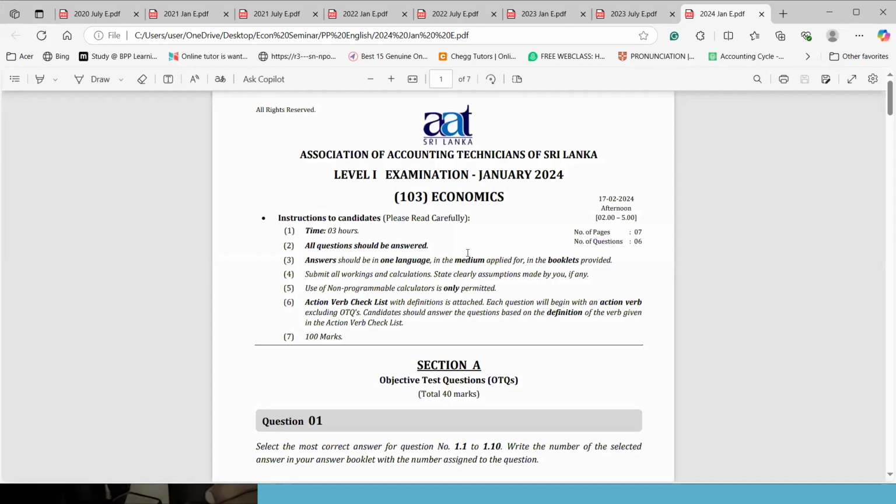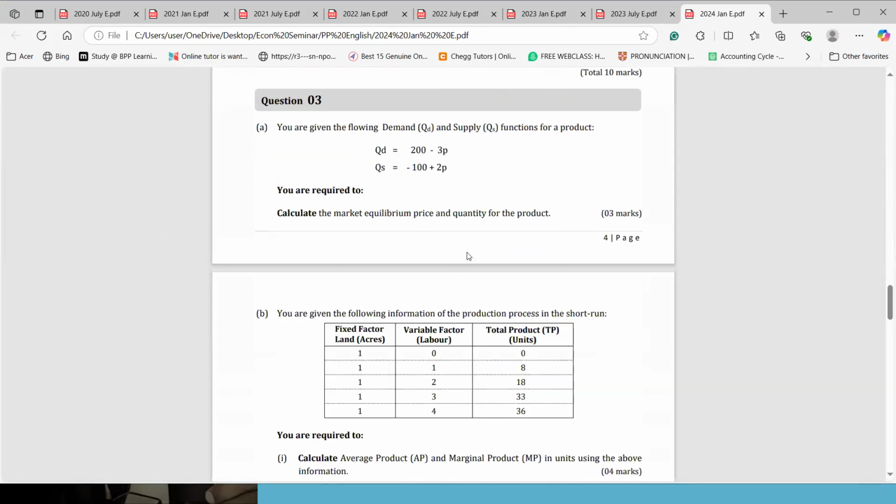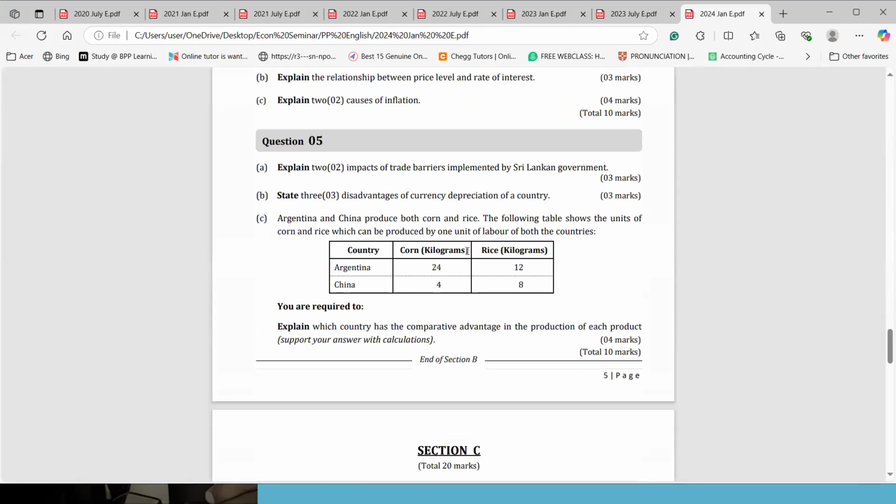Impact of the trade barriers implemented by the Sri Lankan government. Disadvantages of currency depreciation of a country.